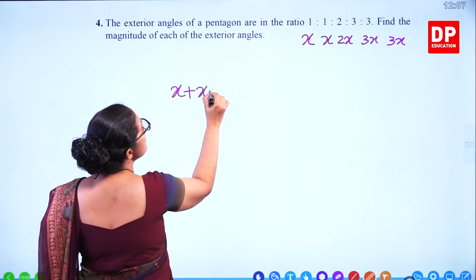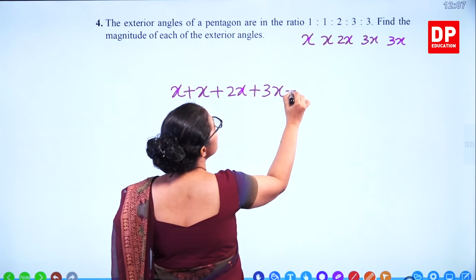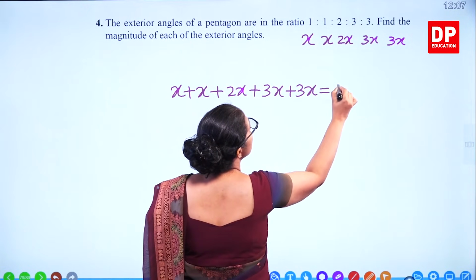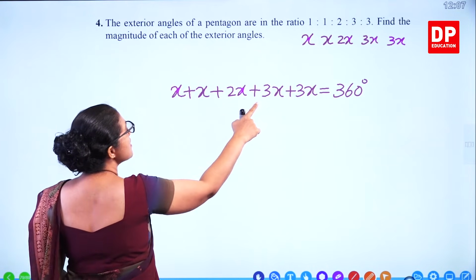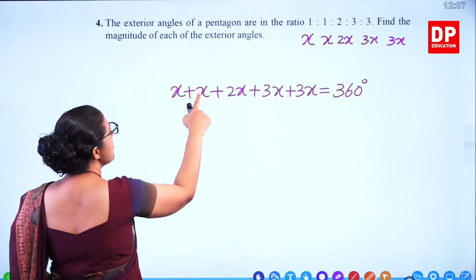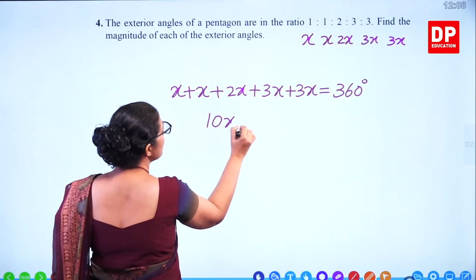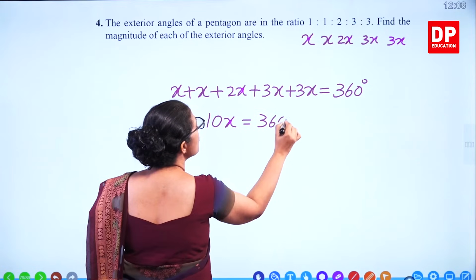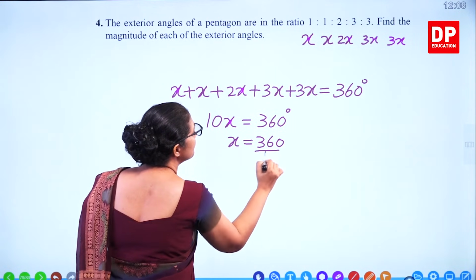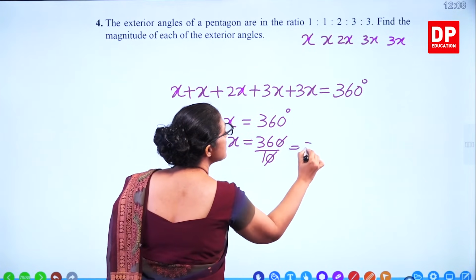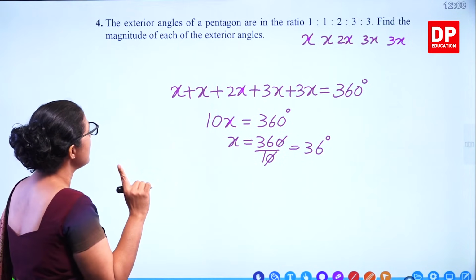So you can write x plus x plus 2x plus 3x plus 3x is 360. 3 plus 3, 6. 6 plus 2, 8. 8 plus 1, 9, 10. So you can divide by 10 and find x. That's 36 degrees.